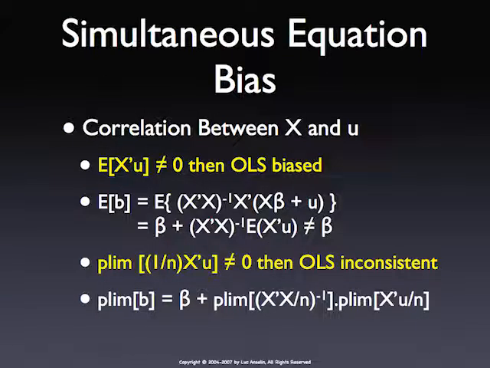Okay, what happens when this is not the case? When we have correlation between the explanatory variables, the covariates, and the error term. And when would this happen? This would happen, for example, if some of the variables are simultaneously determined with the error terms. An example that you may be familiar with is a time lag in the dependent variable.